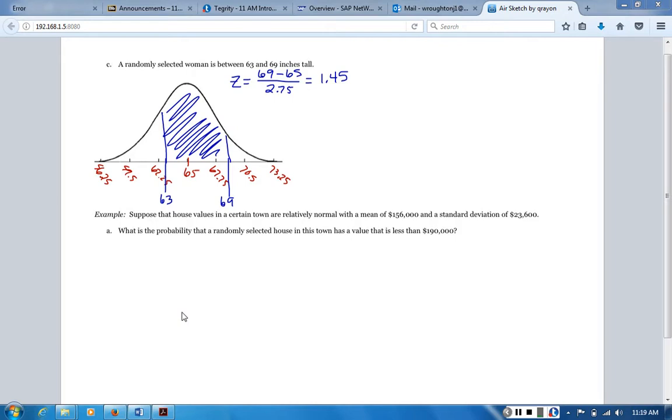I'm going to do the same thing with my other z. So my y is 63 for that one. Mean is still 65. Standard deviation is still 2.75. Giving me a z of negative 0.73.